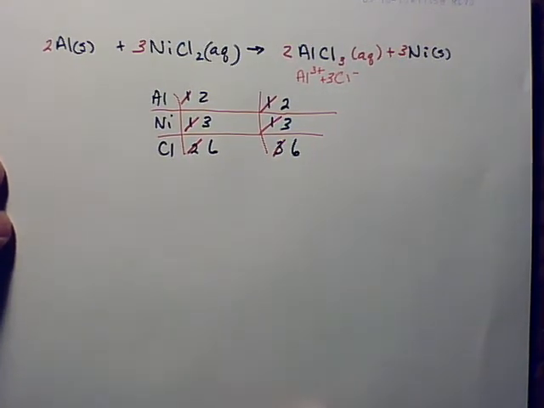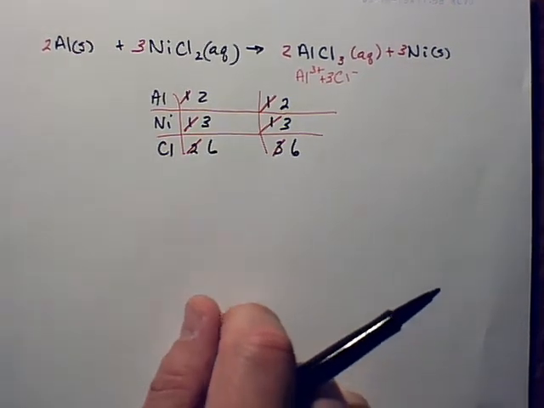To get a complete ionic equation, we're going to break up into separate ions anything that is an aqueous salt. Salt is just an ionic compound. Other than oxides, which don't tend to be salts, almost any other ionic compound is a salt.